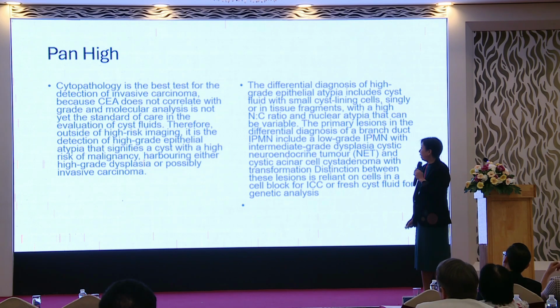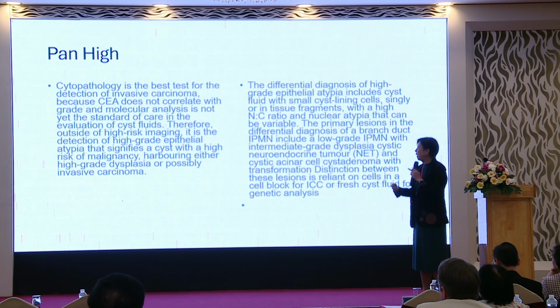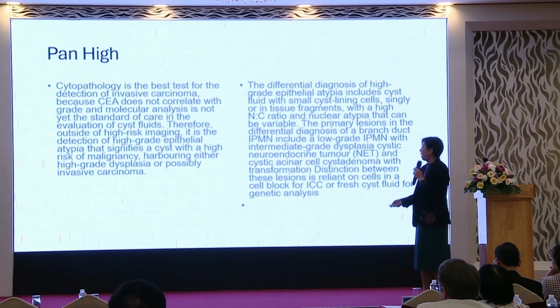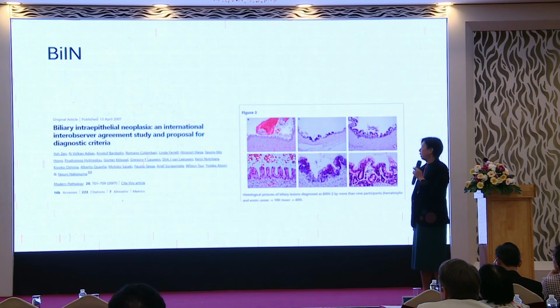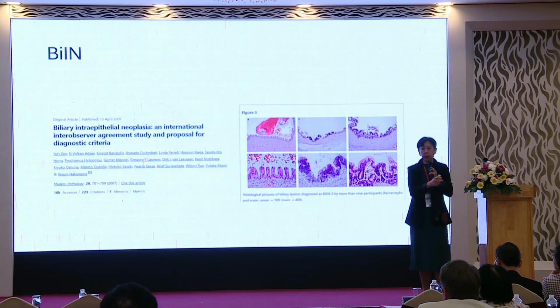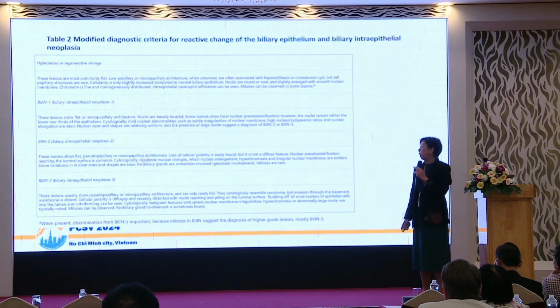So, in pan high, we need cytopathology, but you also need assistance from ancillary and molecular diagnosis. But you do need that morphologic diagnosis. Biliary intraepithelial neoplasia, as I've said before, is treacherous. If you get a whole lot of people together, you will find that there's a range of what they call mild atypical to severe atypical.